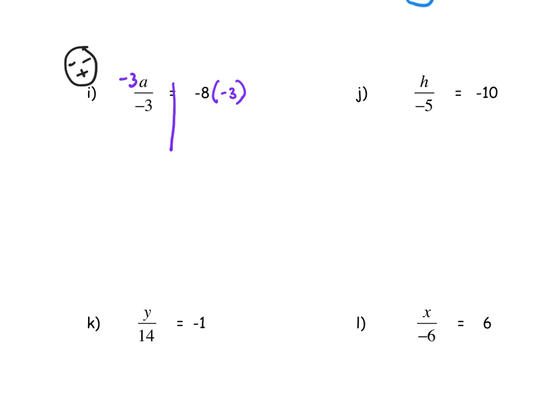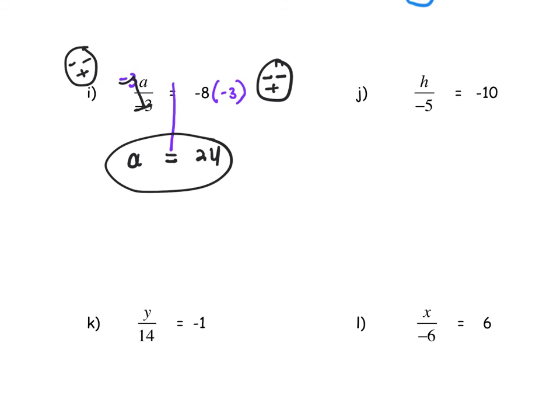She's all the way asleep, so she's happy. So this is positive 1a, and that's how I'm able to isolate the a using the identity property. 1 times a is a. And over here, I have a negative times a negative. Again, she's all the way asleep, so she's happy, and we get a positive 24.